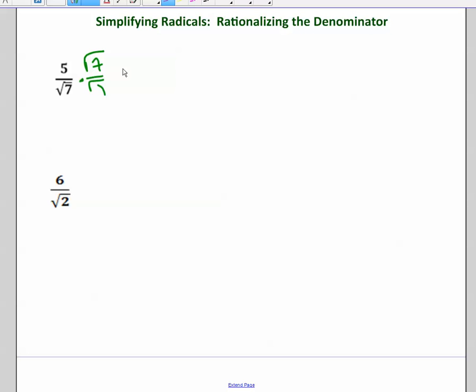So that's just 5 radical 7. And radical 7 times radical 7 is radical 49. Square root of 49 is just 7. So in essence, this just cancels out the radical. And again, back to the definitions, 1/2 power, 1/2 power. Rule of exponents. That's what happens there. You may want to go back and review your rules of exponents.